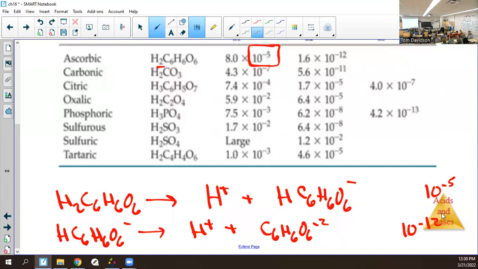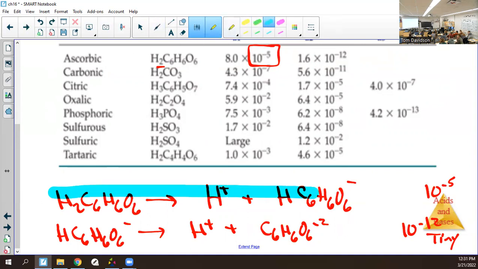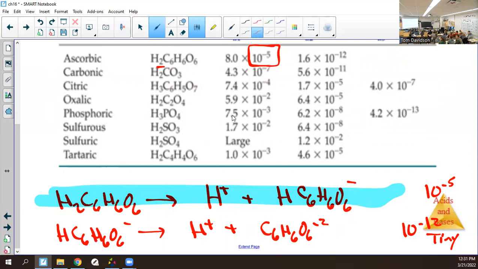Well, is there a 1,000 difference here, or 3 exponents different? Yeah, this one's tiny compared to that one, right? You with me on that? So what it's saying is that the first one would really affect the pH more than the second one. So if we were going to do math, we would just use this Ka, the 8 times 10 to the negative fifth.